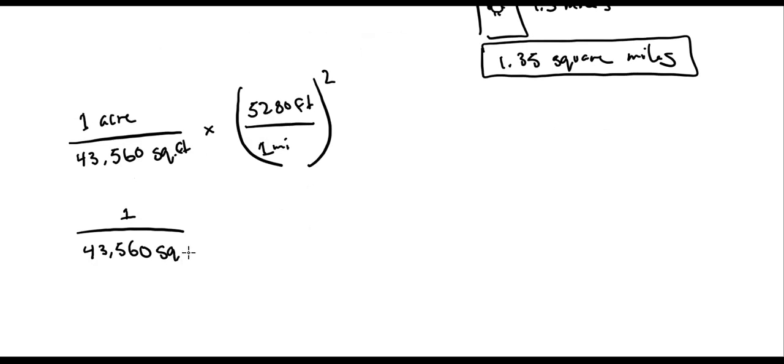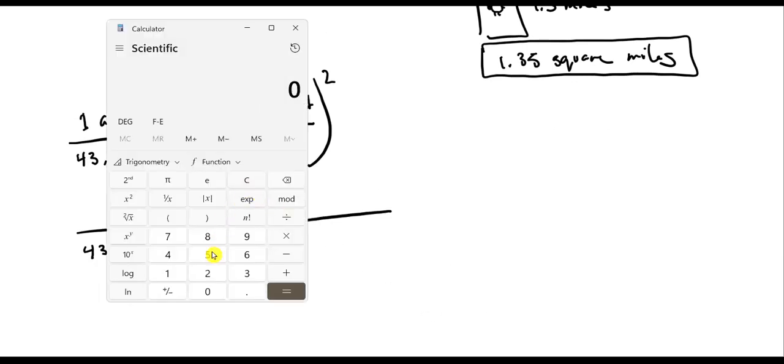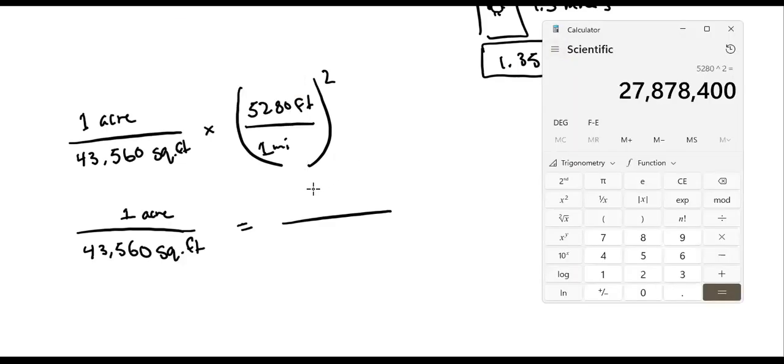All right, so let's bring this down. Oops, 1 acre. I forgot the acre part. 1 acre is made up of 43,560 square feet. Now, I have decided to change this into square feet. So that's going to change. All right, what is 5,280 squared? Don't know. 5,280 squared. 27 million.